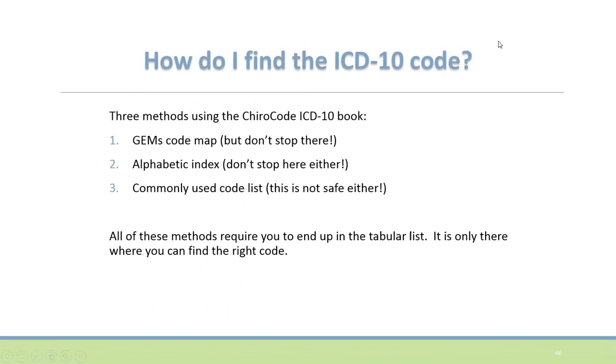There are 3 methods using ChiroCode. You can use the GEMS, which in find a code is the general equivalent mapping, or you can just type in the name of the diagnosis, but you don't stop. You always end at the tabular list. Just to give you a little practice, if you're in find a code, I want you to go to ICD-9 CM and select that.